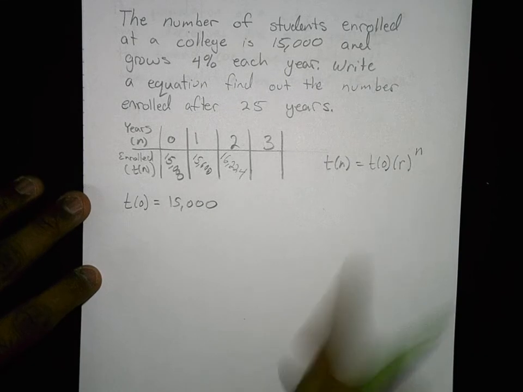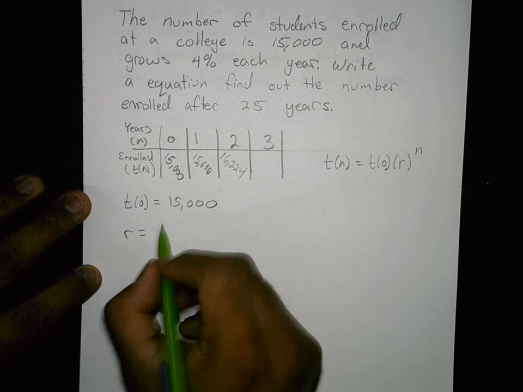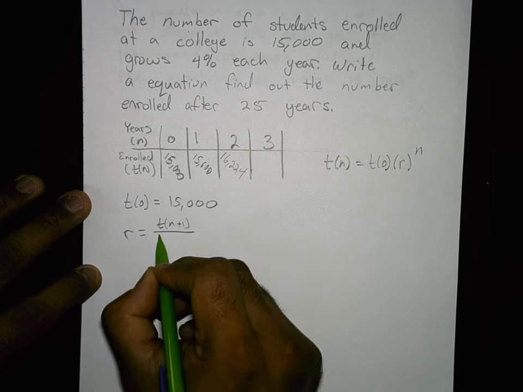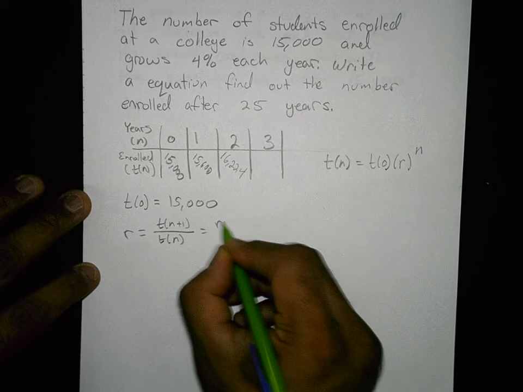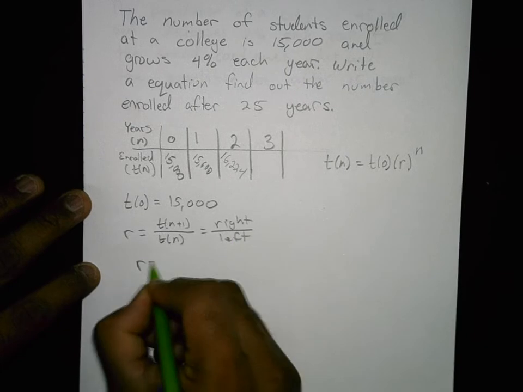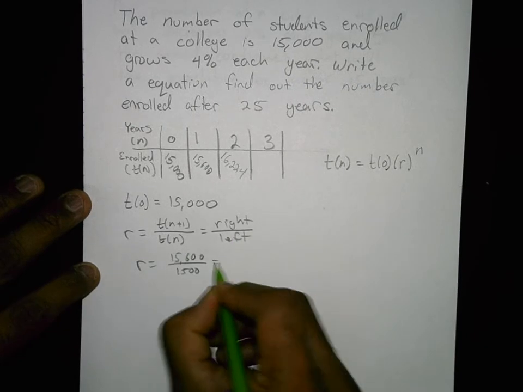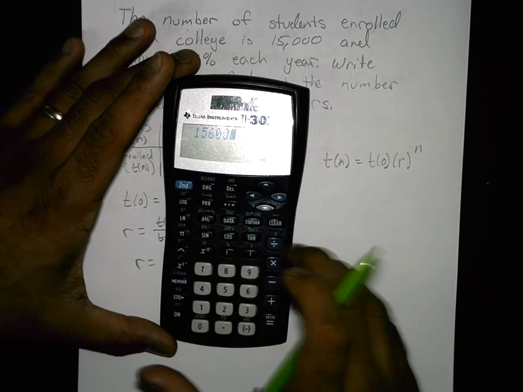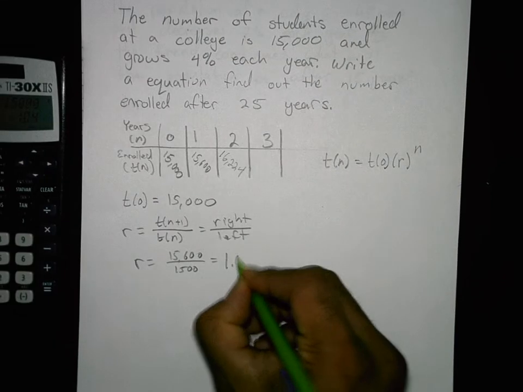Then we need our R value, and our R value, which is the common ratio, comes from T of n plus 1, all divided by T of n, which is a fancy way of saying take any right one divided by a left one. So 15,600 divided by 15,000, and that equals 1.04.